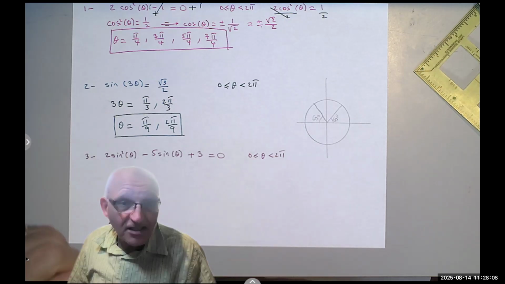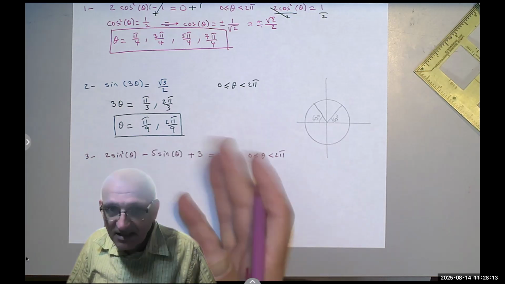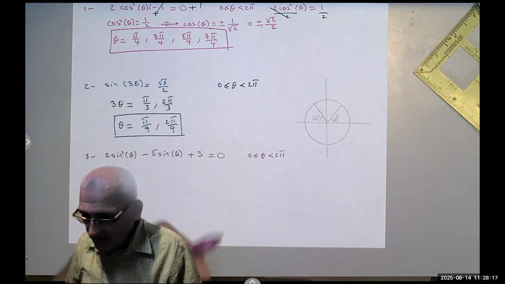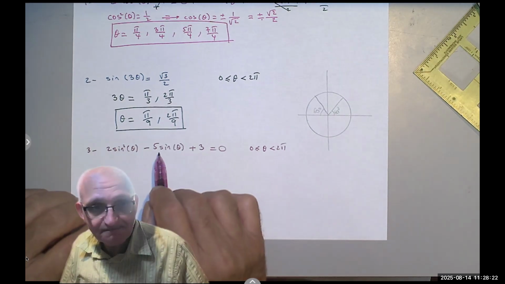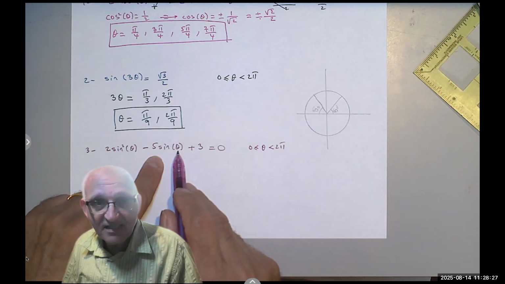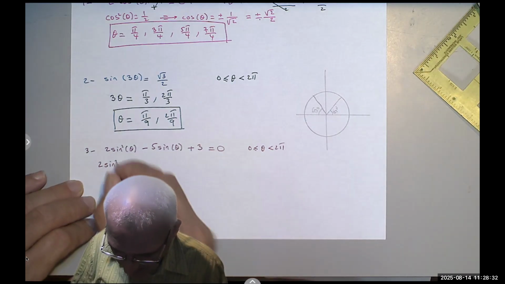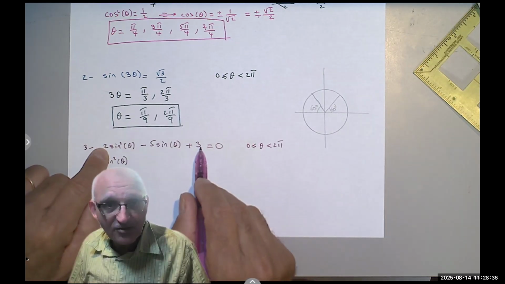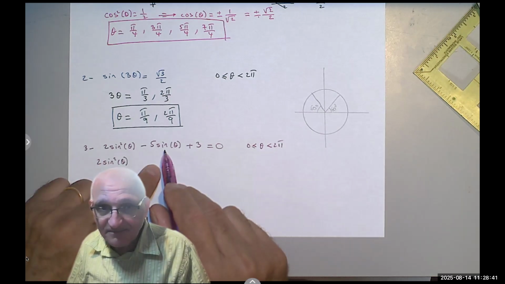Anyway, if you don't know how to do that, which should be easy, you can use the quadratic equation, or another way to do it is what? Yes, you break the -5 sine theta as -2 and -3. So you write 2 sine square theta. Why? Because I knew that the two numbers that multiply to 6 and add up to 5 must be what?